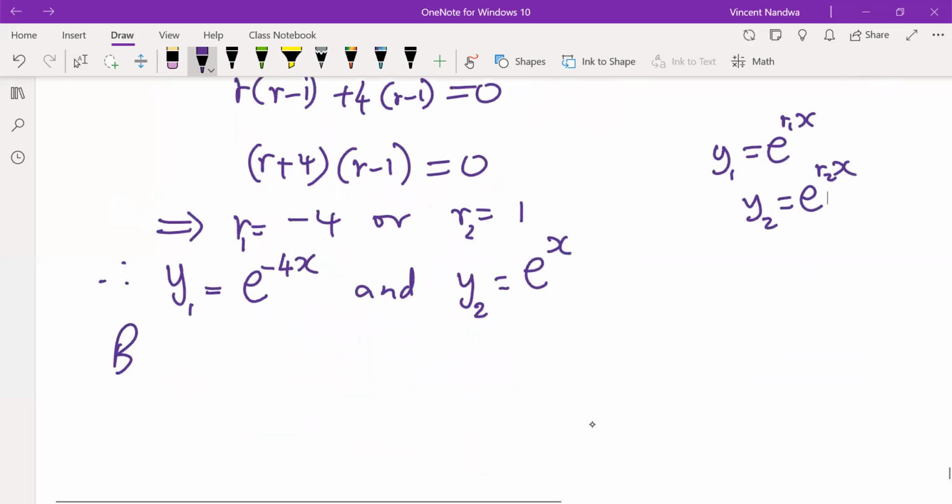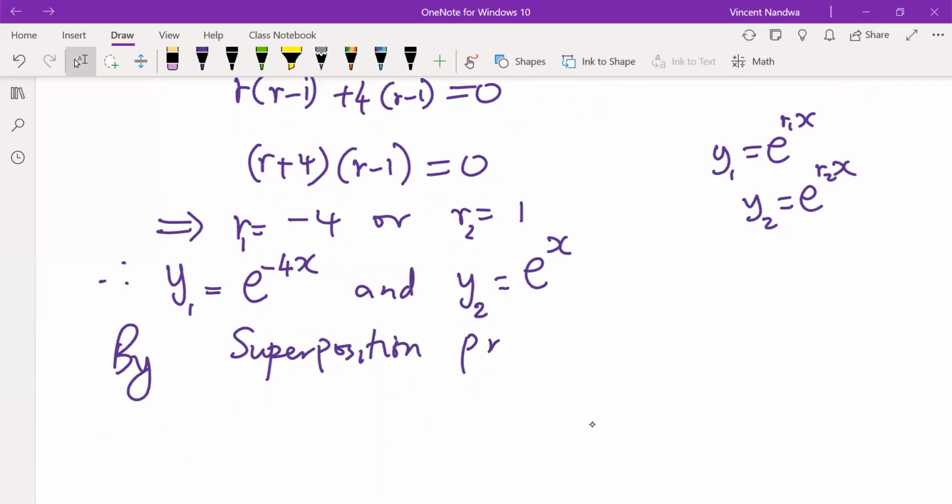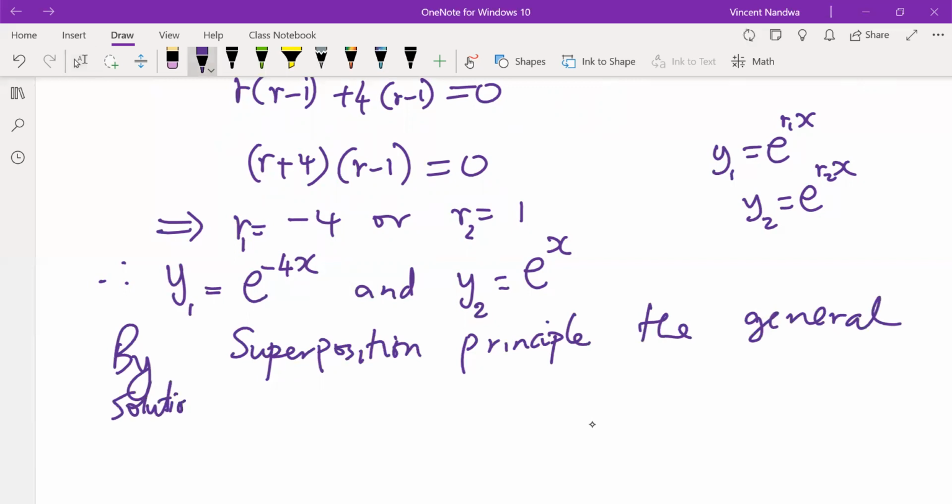So by superposition principle, the general solution is y of x equals c1 e raised power r1x plus c2 e raised power r2x.